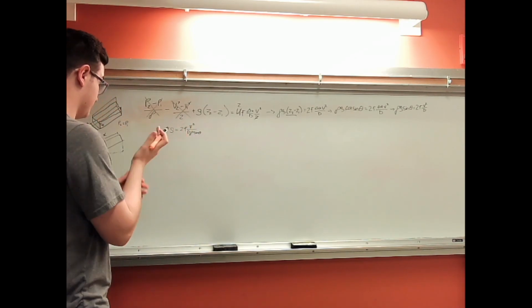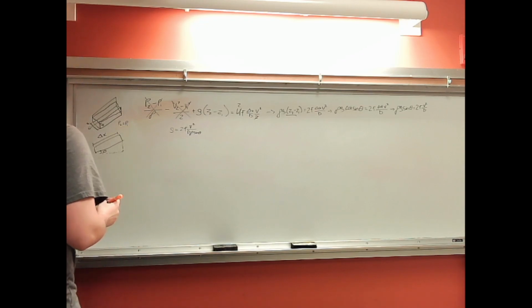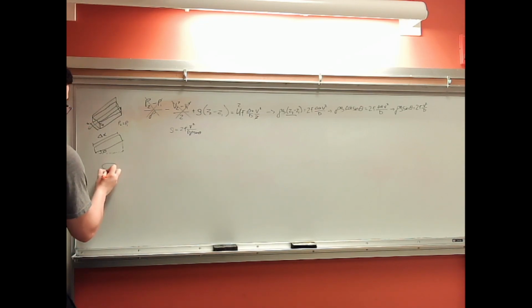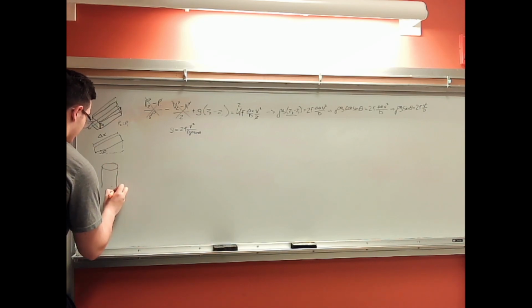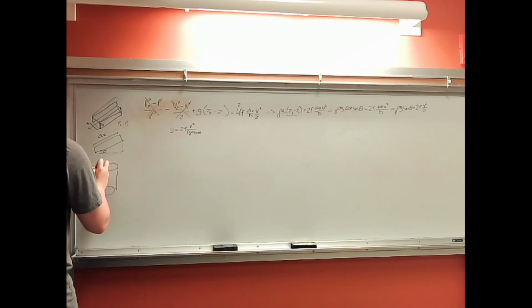Now from here, again, we're going to want to do a circular approximation, so I'll draw another picture here. A circular pipe with length of delta x. Water is flowing through.